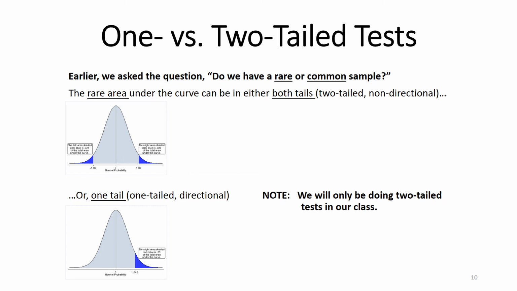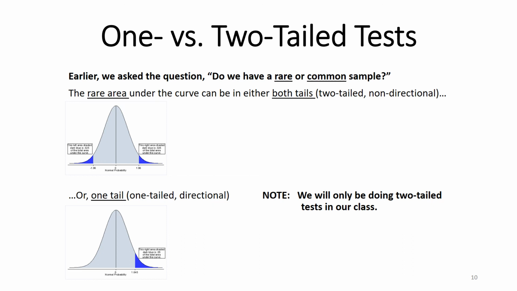And in fact, even using our area under the curve chart that we looked at in class, but as reiterated in this slide, you'll notice that there is 2.5% of total area under the curve below a negative 1.96, and there's also 2.5% of the area under the curve above a positive 1.96. So when you combine those two together, you get a total of 5%.